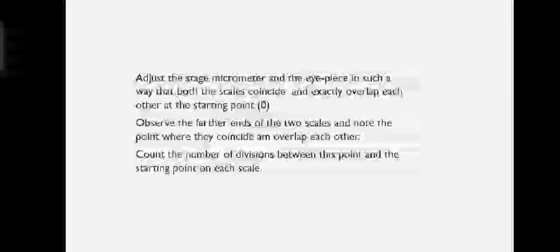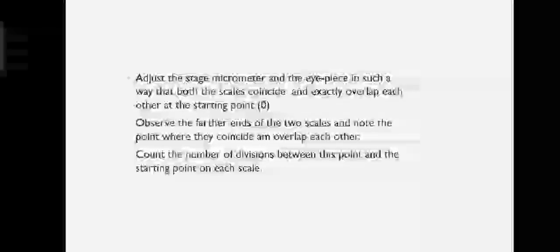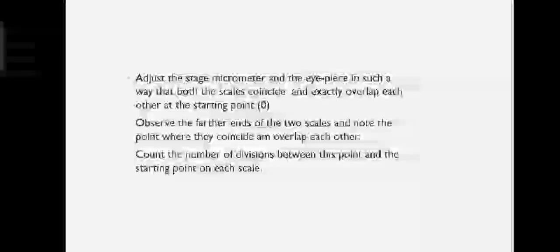Observe the further ends of the two scales and note the point where they coincide and overlap each other, and then count the number of divisions between this point and the starting point on each scale.